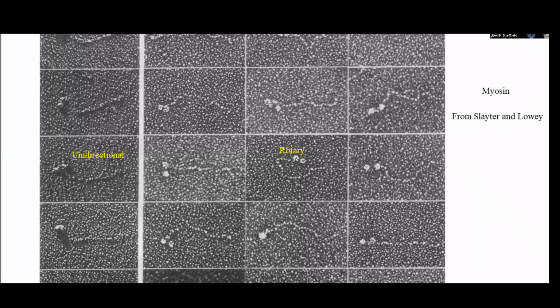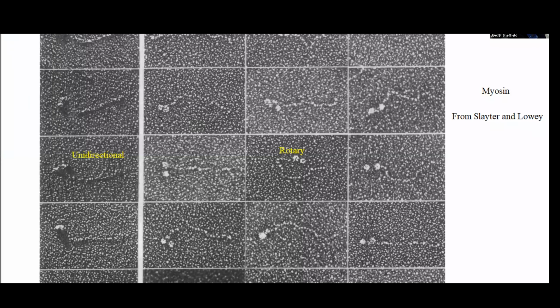Okay, this is some work from Henry Slater and Susan Lowy from about 1967. And some of you may remember in the cell structure course, I talked about Hugh Huxley's experiments with isolation of myosin and characterization of myosin in terms of the muscle structure. Slater took this quite a bit further and analyzed the structure of myosin.